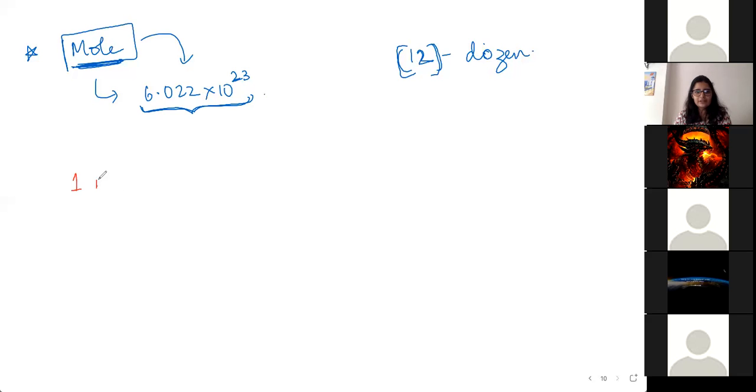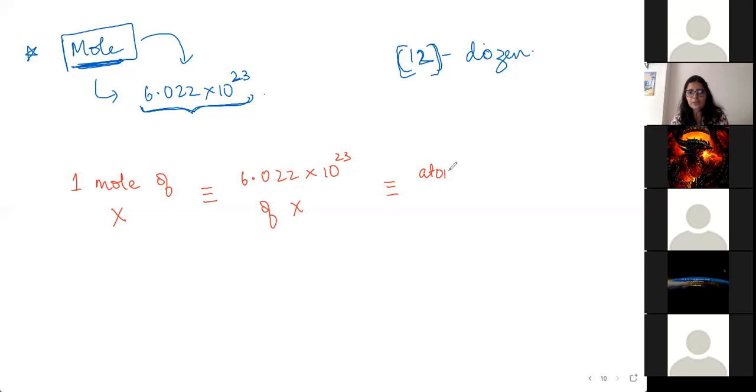If I have 1 mole of something, some X, it means I have 6.022 into 10 power 23 of X. If X is an atom, then these many atoms. If X is a molecule, I have these many molecules, which is equal to the atomic or molecular mass in grams.